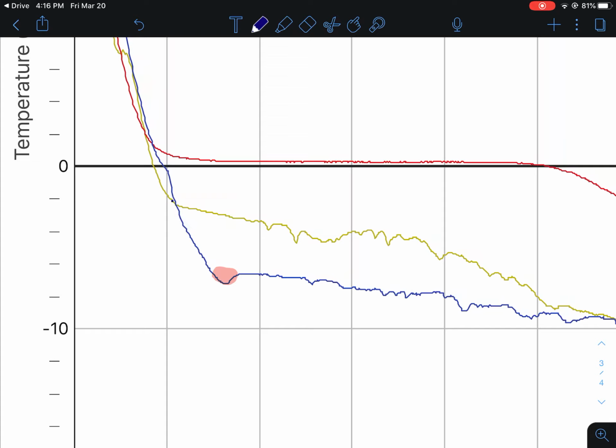That is the general area in which it's starting to freeze. If I think about that area and go over to the side, I can get the freezing point of that solution. And if I look at this point right here being my freezing line as well, I can get the freezing point of that solution.